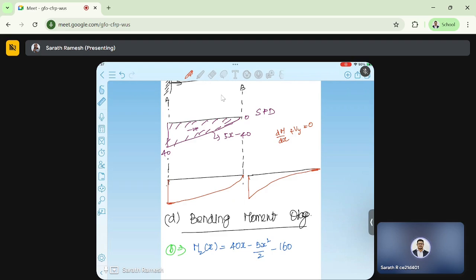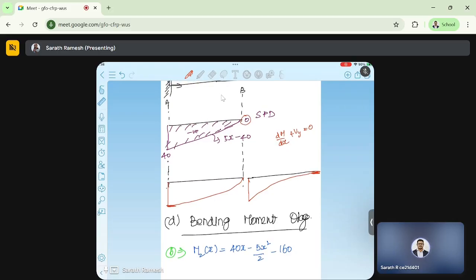Where the shear force becomes 0, the slope must be 0. In the shear force diagram, the value is 0 here. So this one is wrong and this should be correct. So this is my correct bending moment diagram.